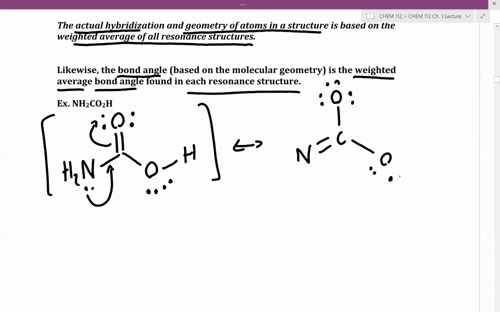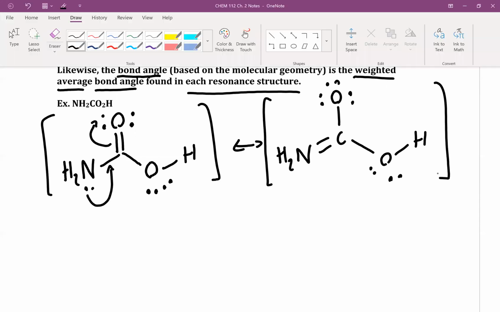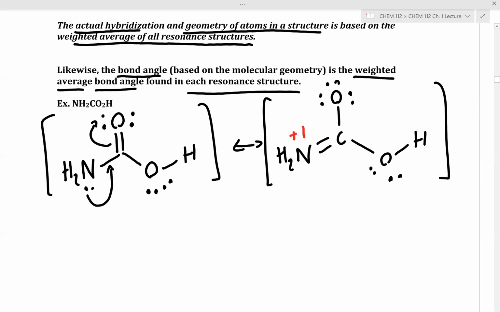Now, a consequence of this resonance contributor shows up if we look at the hybridization of our amide nitrogen. So this is +1, -1. We've seen these formal charges before. My question to all of you is, what is the hybridization of this nitrogen in this resonance structure?